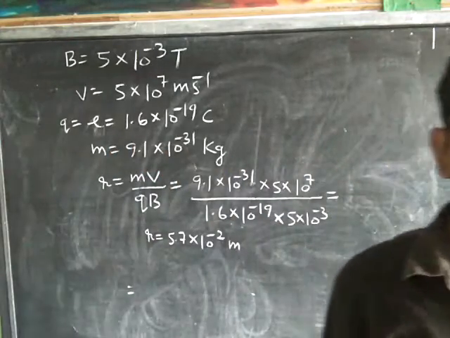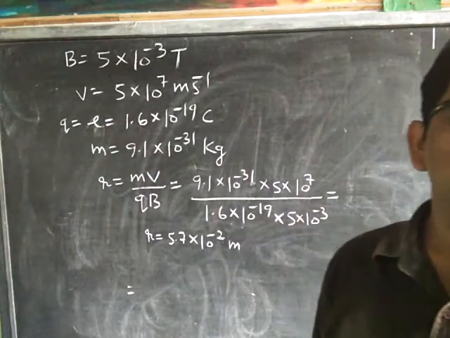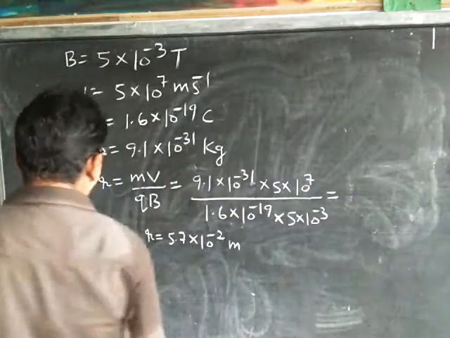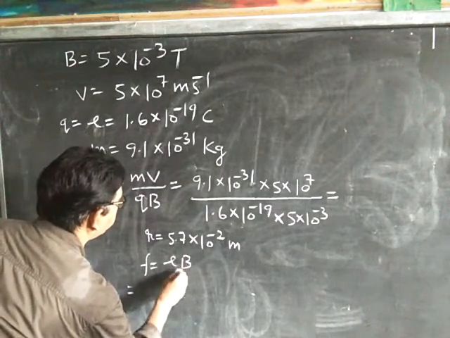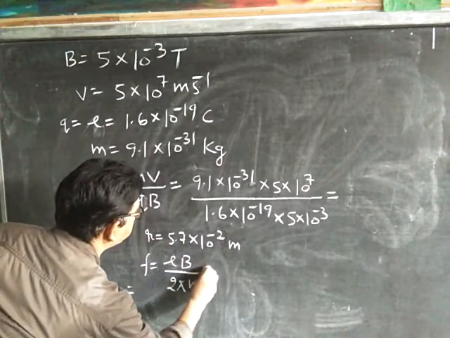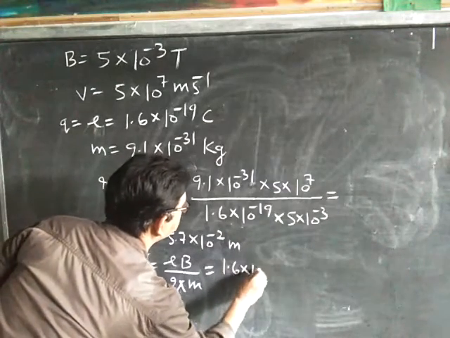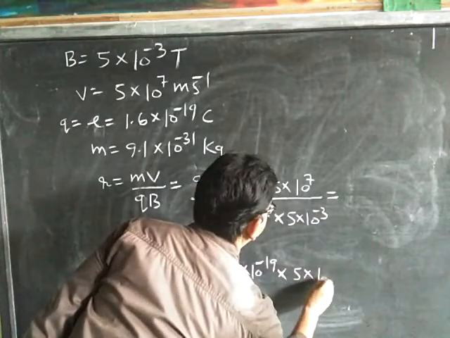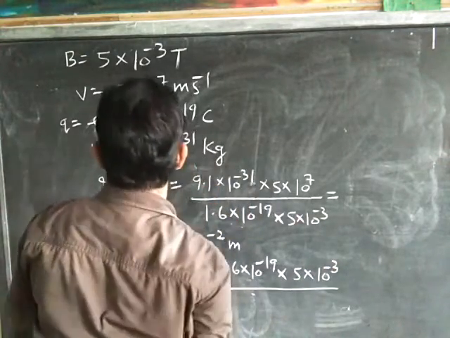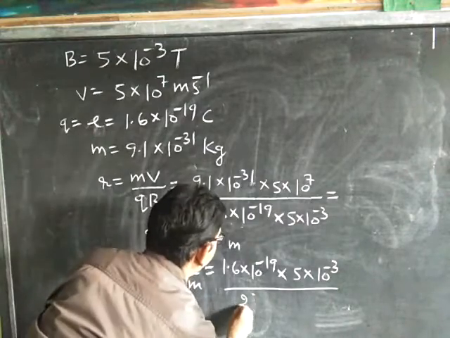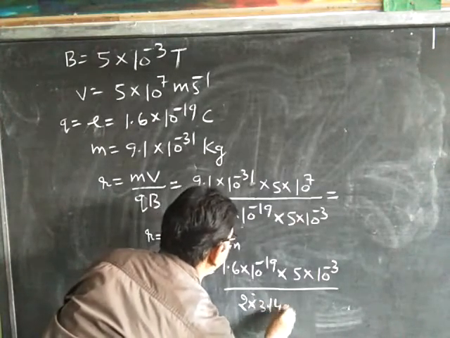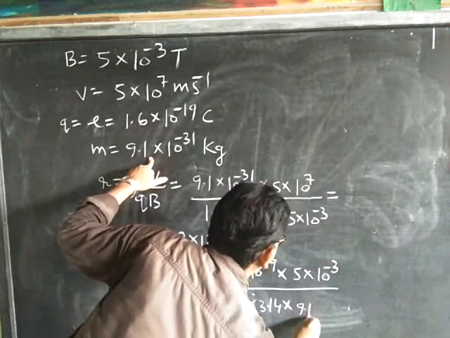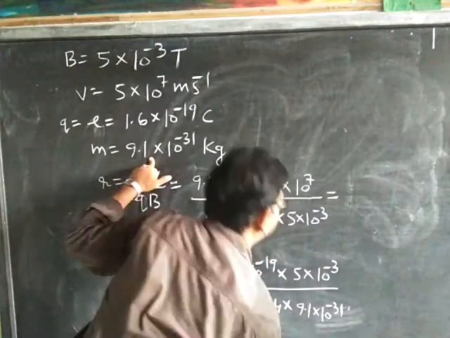Now the second part is the frequency of revolution of the electron. f is equal to eB upon 2 pi m, where e is 1.6 into 10 power minus 19, B is 5 into 10 power minus 3, upon 2 into 3.14 into m, 9.1 into 10 power minus 31.